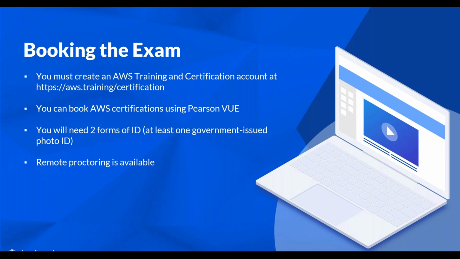Now that we are in calendar year 2023, you do have to book all of your certification exams through Pearson VUE. PSI used to be an option, but beginning January 1st of this year, all AWS exams are now using Pearson VUE. And you'll need two forms of identification, at least one of them being a government-issued photo ID. And we do still have the remote proctoring option available.